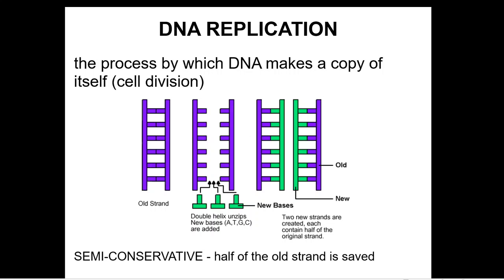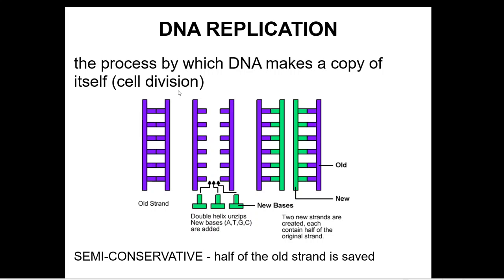All right, so now that we kind of know how it's put together, let's talk a little bit about how it's replicated. Remember when we talked about the cell cycle, we talked about the synthesis phase and how DNA is copied. Well, we're going to start really getting into how it's copied. So the process by which DNA makes a copy of itself is called replication.